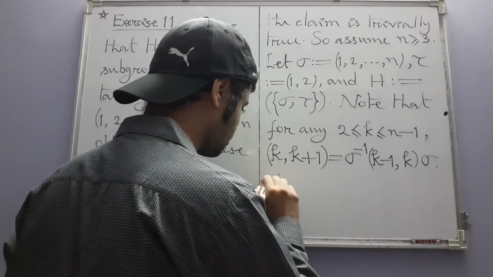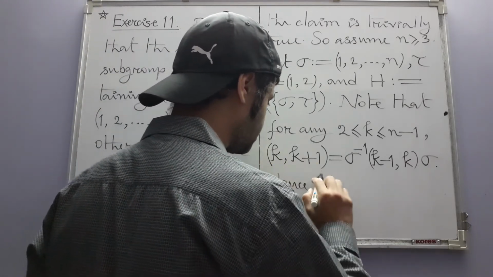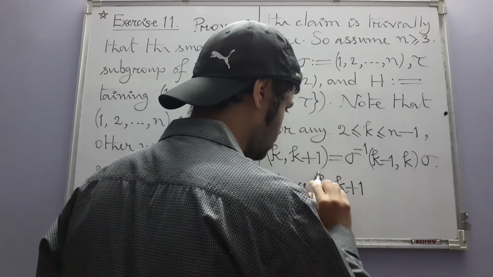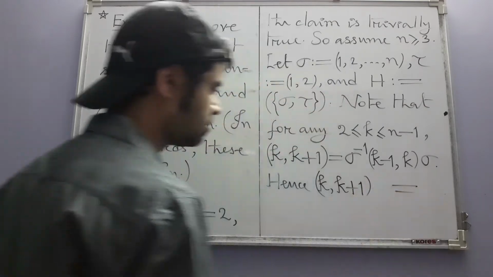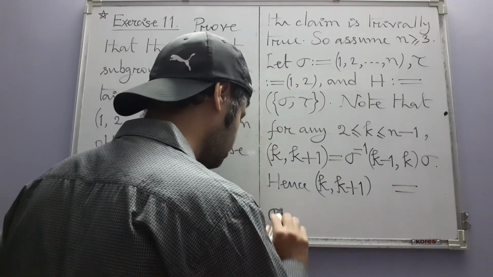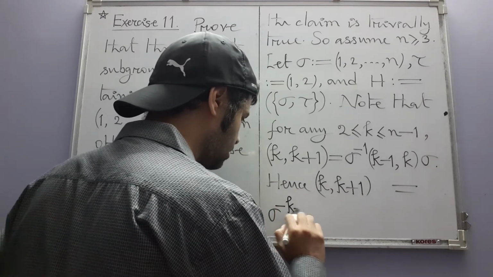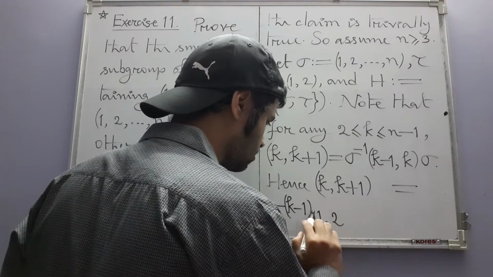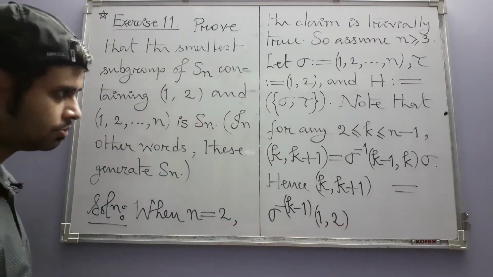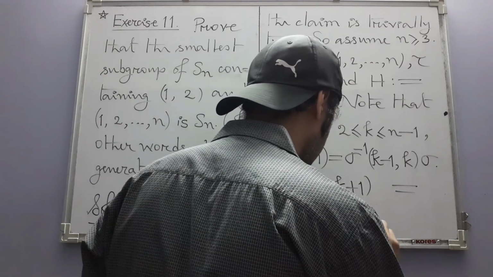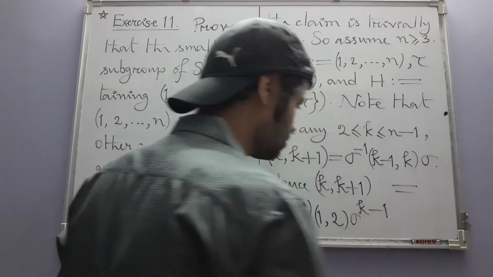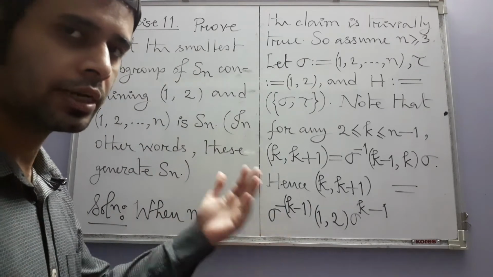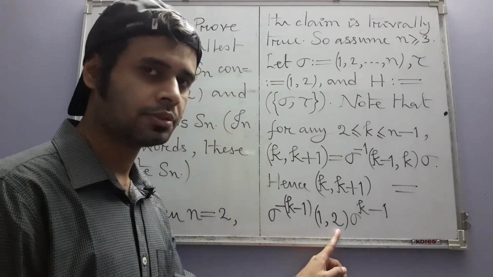Hence, this is equal to sigma to the power minus of k minus 1 times (1 2) times sigma to the power k minus 1. Because we keep on reducing and eventually we will get to this.